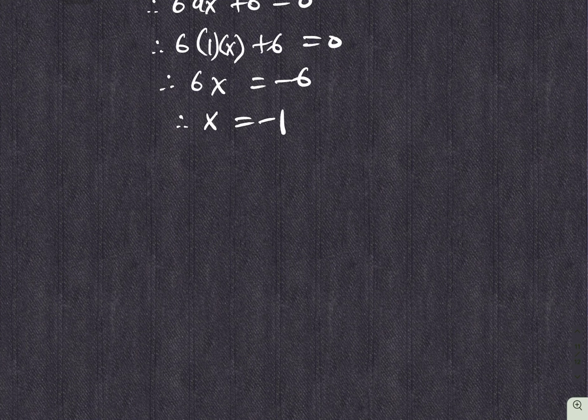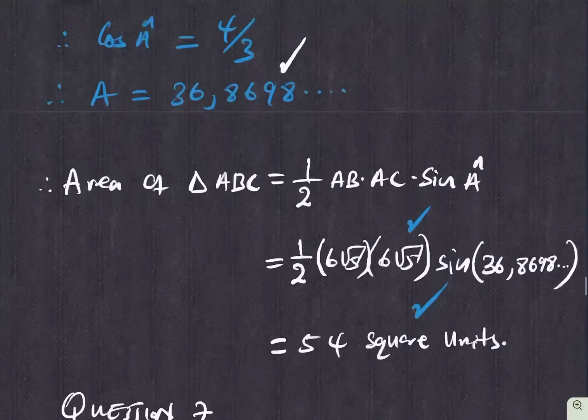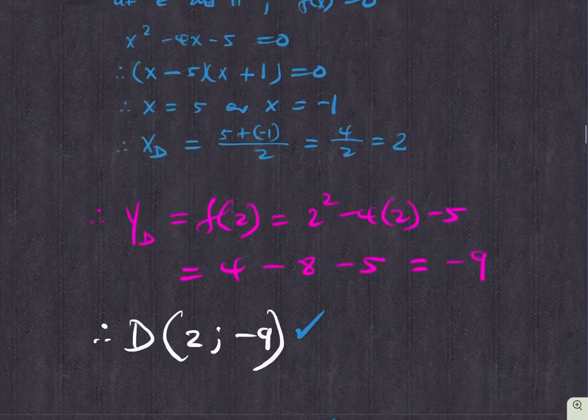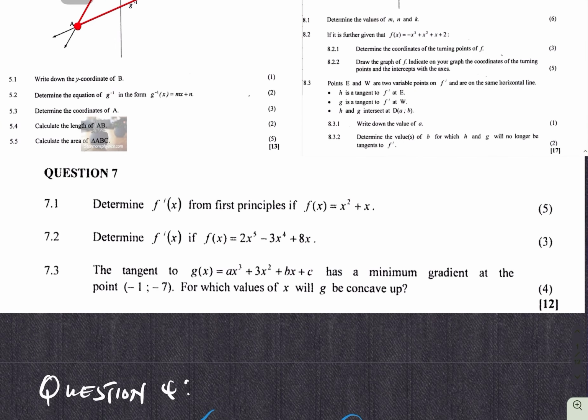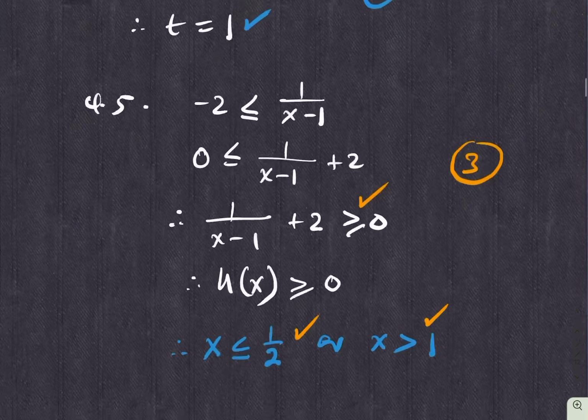Therefore, let me read the question again. It's important to read the question. I'm going to respond to the question now. For which values of x will g be concave up?